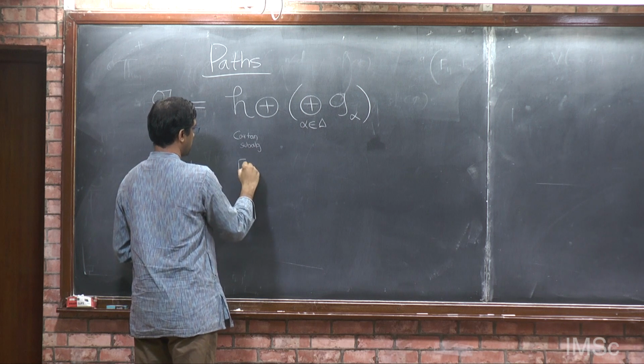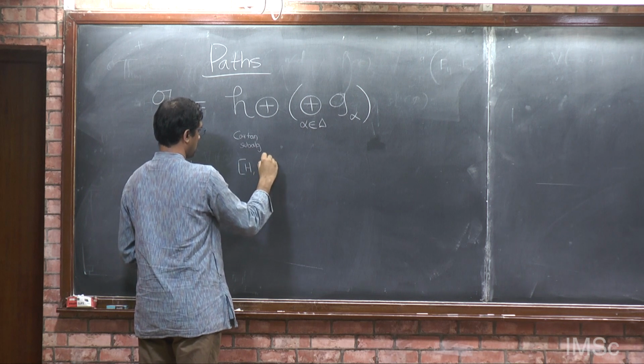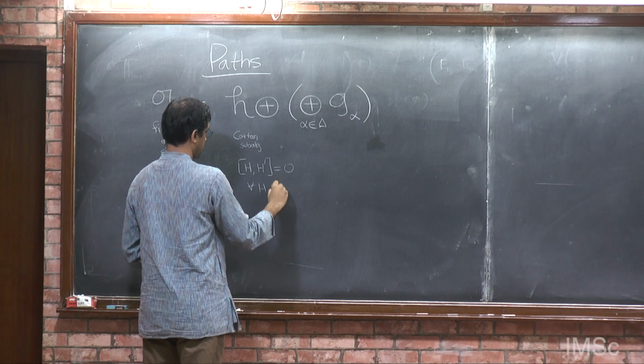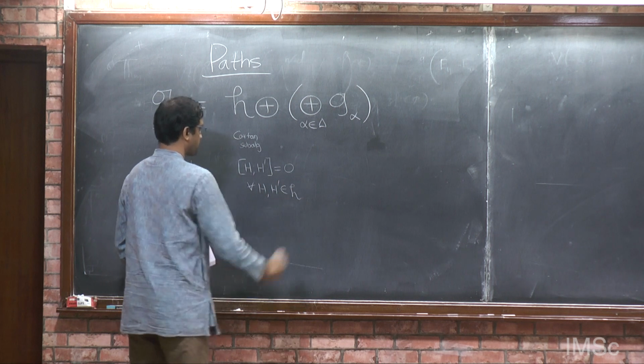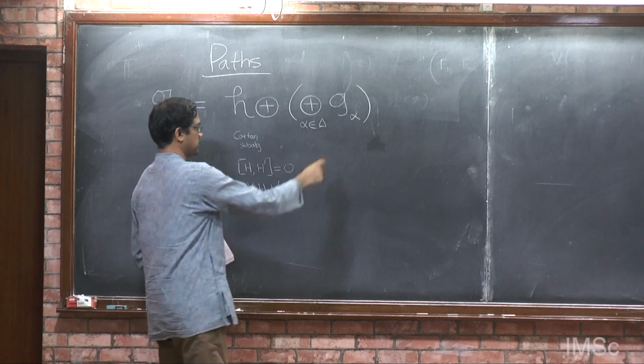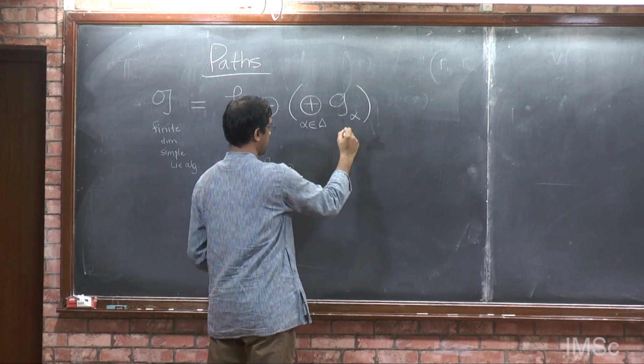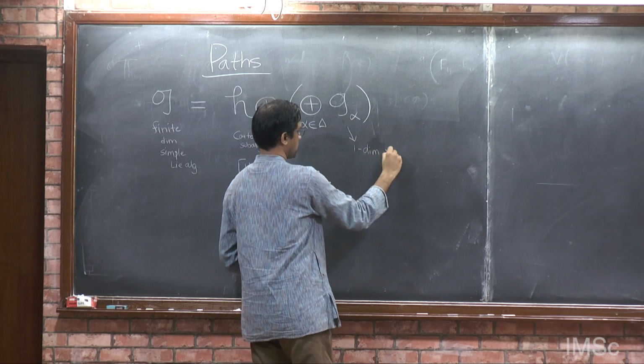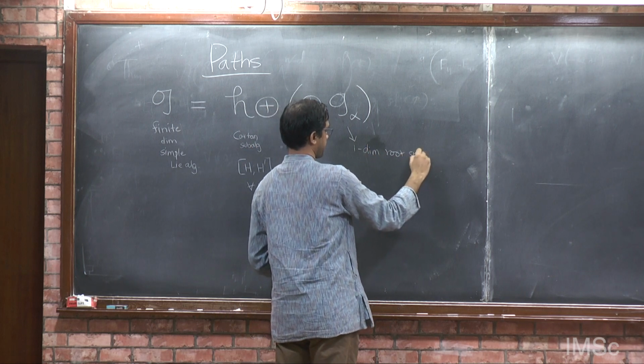It has the property that any two elements coming from the Cartan commute. And these spaces, just like in the case of SLN, are one-dimensional spaces. They're all one-dimensional, and these are what are called root spaces.